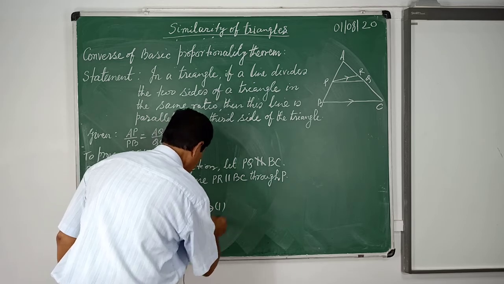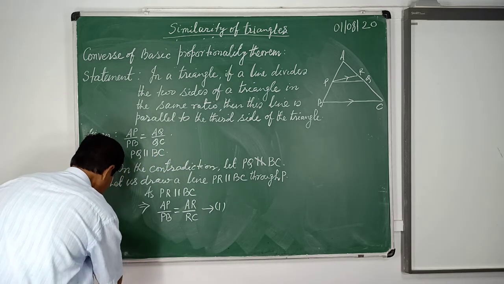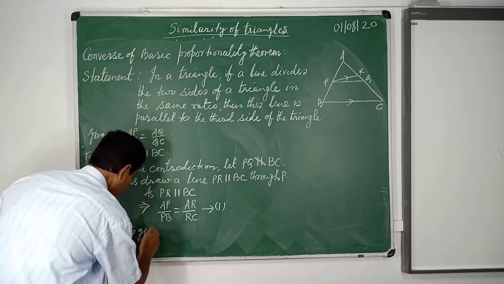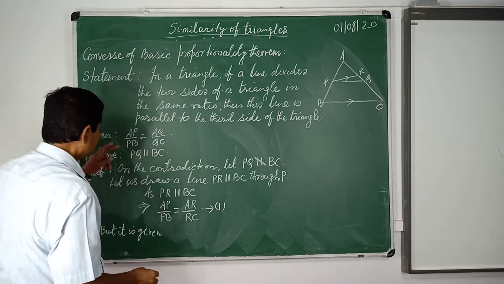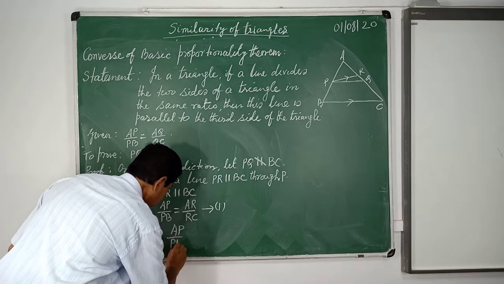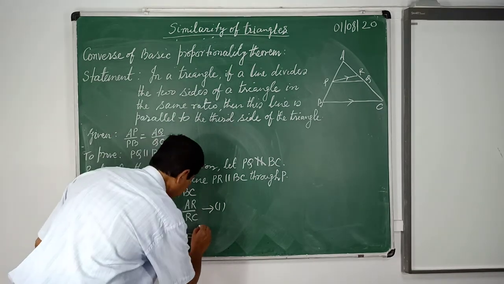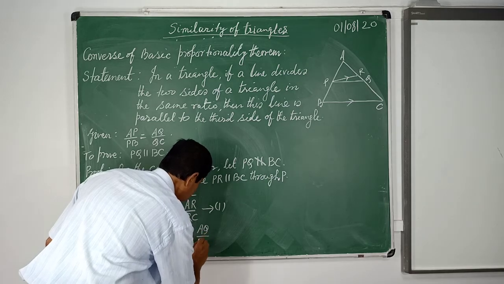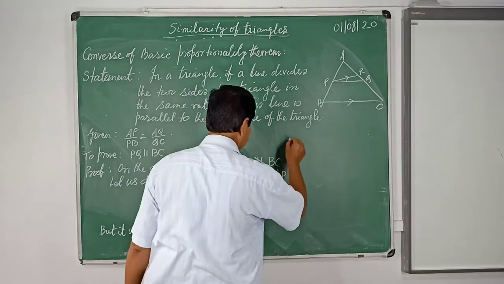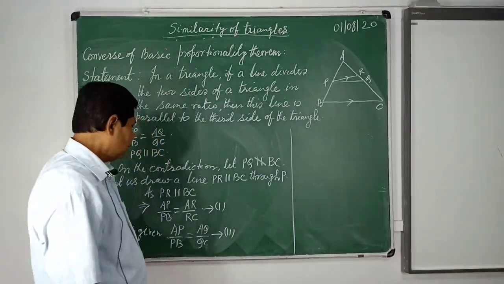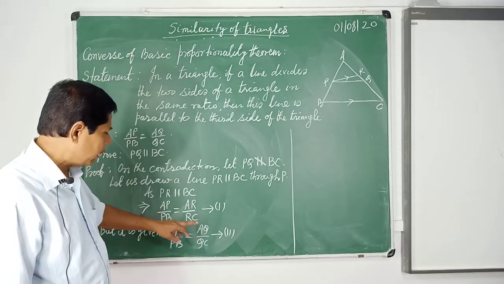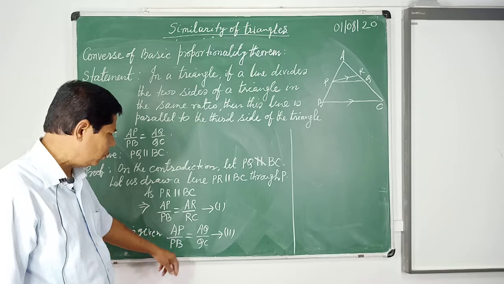This is number one, but it is given AP by PB equal to AQ by QC. Number two. Here from 1 and 2, AP by PB left hand sides are same, so we can write from 1 and 2 AR by RC equal to AQ by QC.